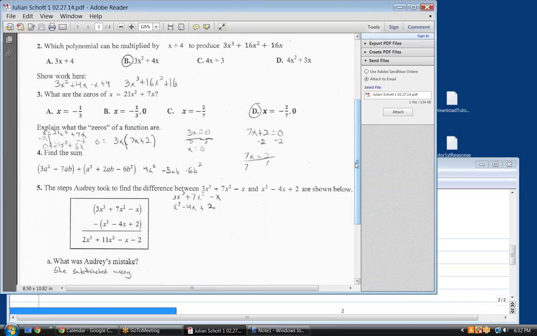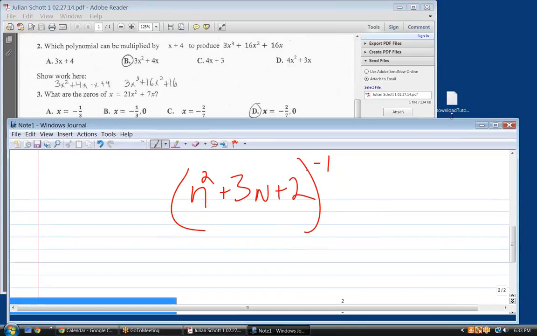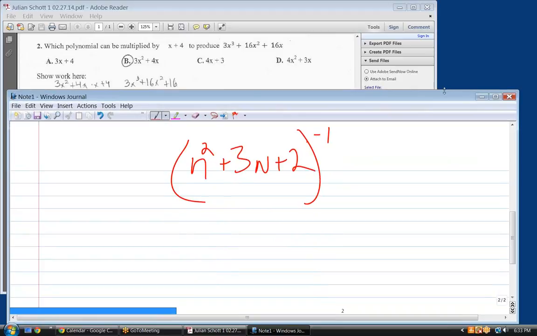Which polynomial can be multiplied by x plus 4 to produce that? How'd you do this? Because 3 times 4. Oh, so you kind of back solved it, in other words? Yeah.